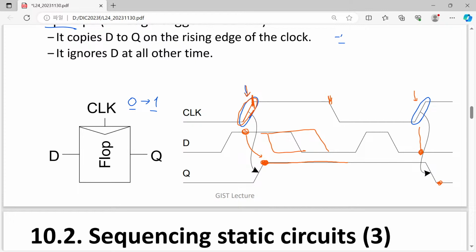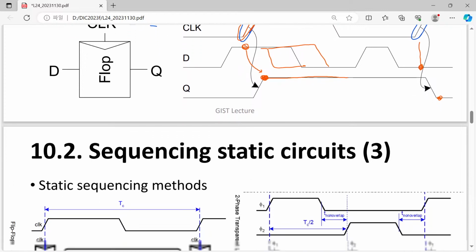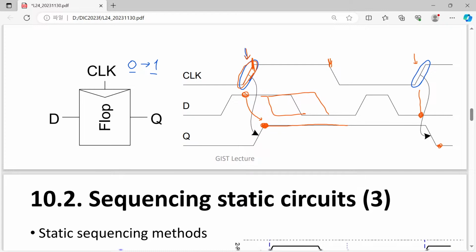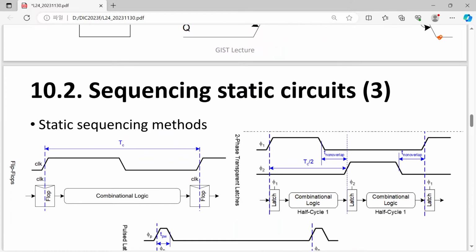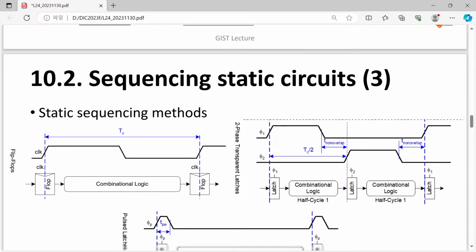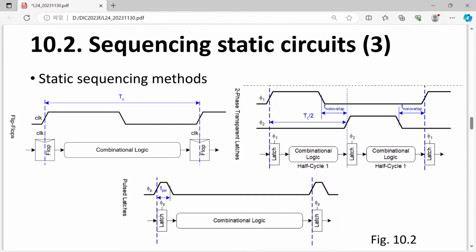Latches, in many cases, just open, but a flip-flop just senses the edge. So it's like a snapshot. This is the way of sequencing static circuits.